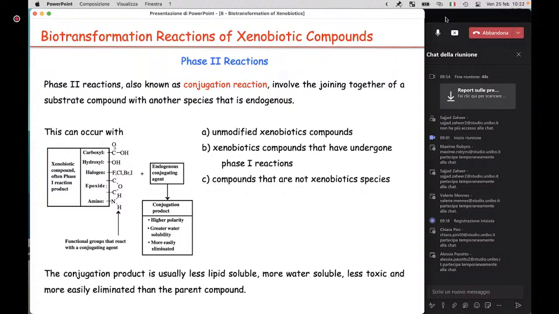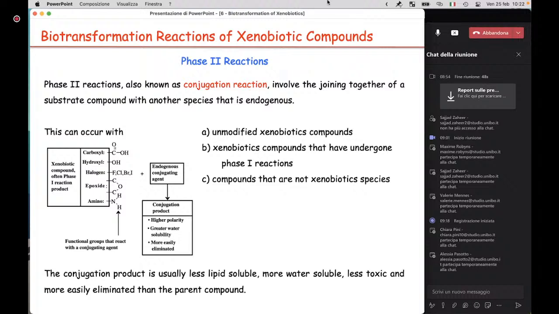As we have said, conjugation reactions are carried out by attaching, by conjugation of a full molecule, to the starting molecule, or to the molecule that has already undergone phase 1 reactions.